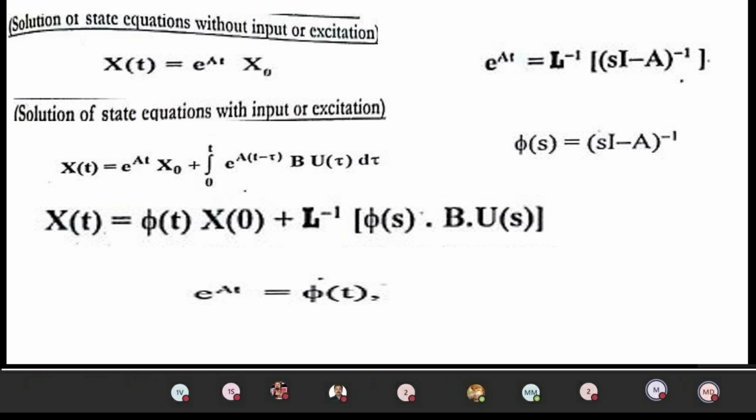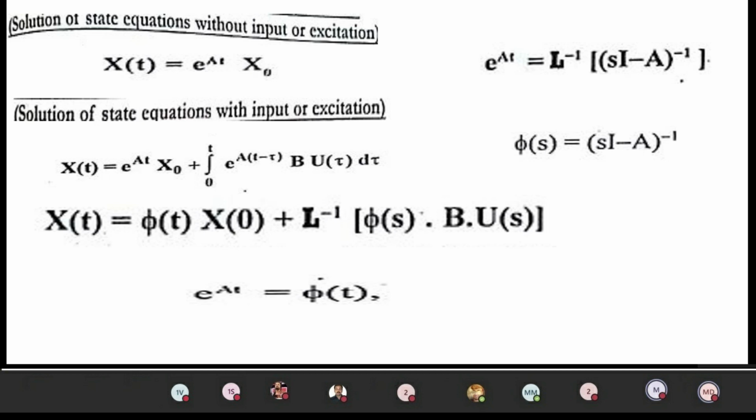And then you can also take a simple problem. By that we can conclude today's class. The remaining we will discuss in the next class. So here you can see x dot of t, with A and B matrix, and C matrix. Here e power at is nothing but phi of t, that is L inverse of phi of s, which is L inverse of (sI minus A) the whole inverse.